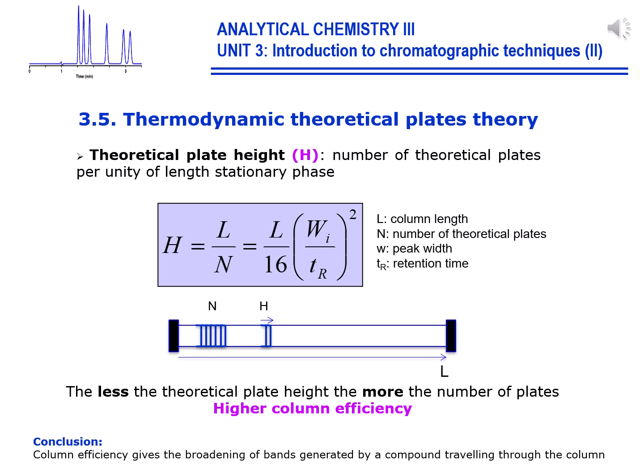Because a greater number of equilibria or fractionations of the compound between the stationary phase and the mobile phase is happening. As a conclusion of this theory, efficiency measures the degree of band broadening that a compound undergoes across the stationary phase. And then, the longer the retention time of a compound, the more it will broaden.